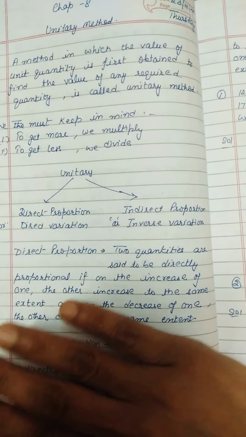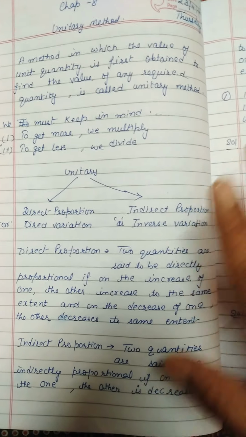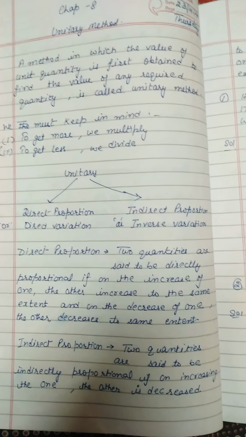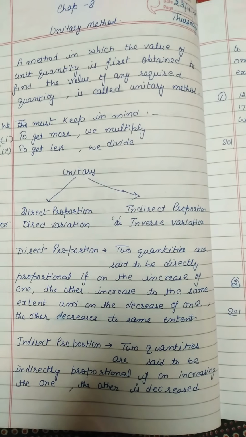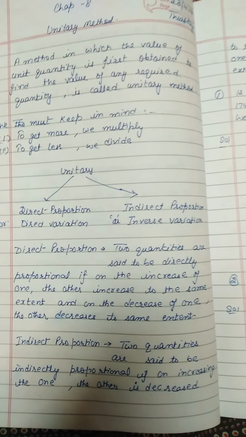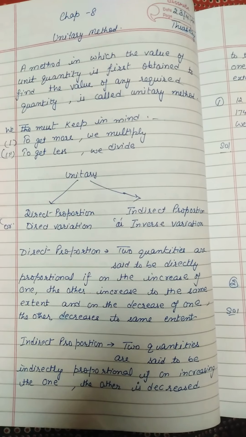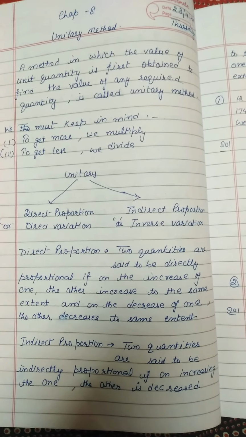Suppose 4 men are doing a work in 10 days. If 8 men are there for this same work, they will take less time. Or if 2 men are there, they will take more time.